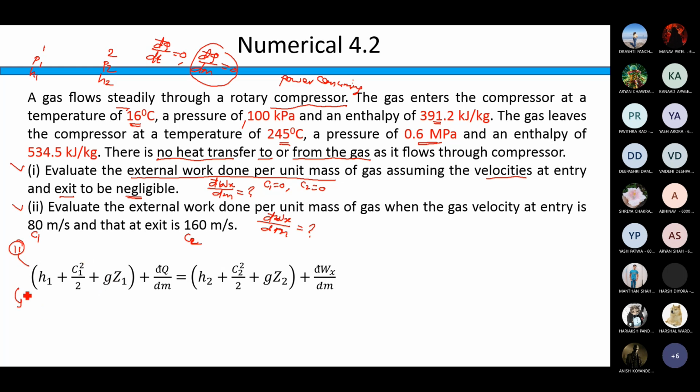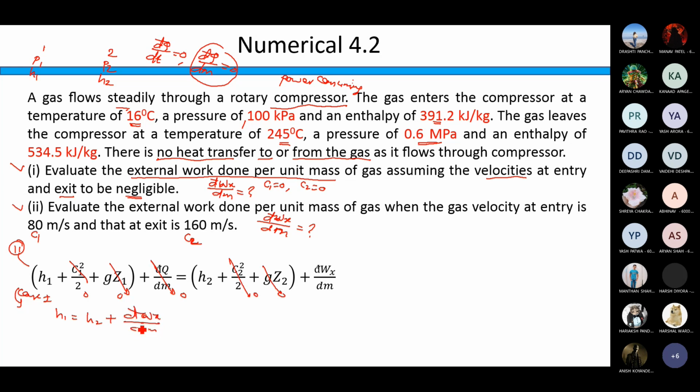For case 1, you have to neglect this term, and this term also. You can assume that Z1 is equal to Z2, so this is also 0. Whenever they do not mention anything about the elevation, you can straightaway take it as 0. Hereafter, remember this. This heat term also they have asked you to take as 0. When you apply it for case 1, the equation will reduce to this form.